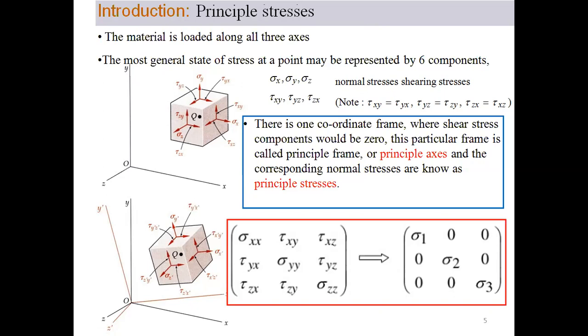If we know those axes, or the magnitude of those stresses, then it would be very easy for us to design the mechanical components. Before designing, we could easily predict that these would be the planes, these would be the axes along which the loading is maximum, the stresses are maximum, the strains are maximum, and these are the most probable axes or planes through which the material could fail.